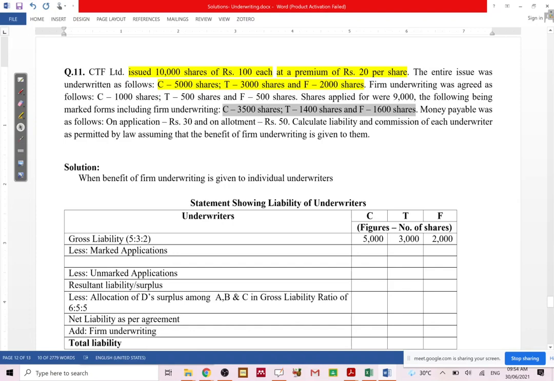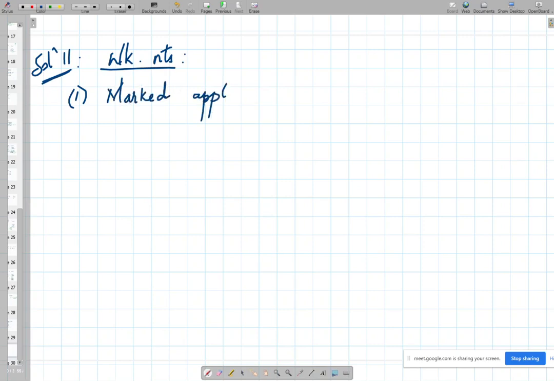Let's do a small working note here. Solution 11, working notes. First one, marked applications. The marked applications including firm underwriting are given to us, so I'll make a format like a table.